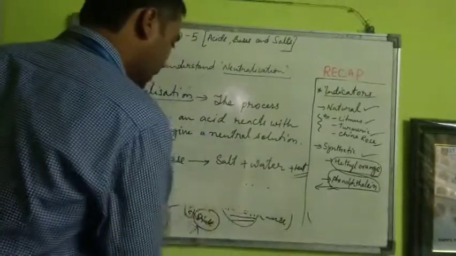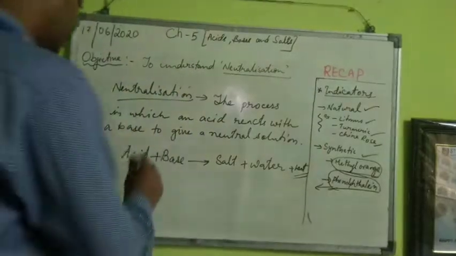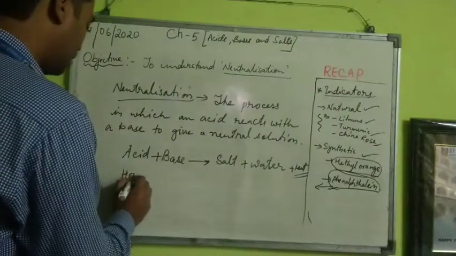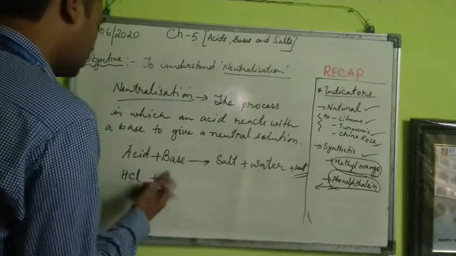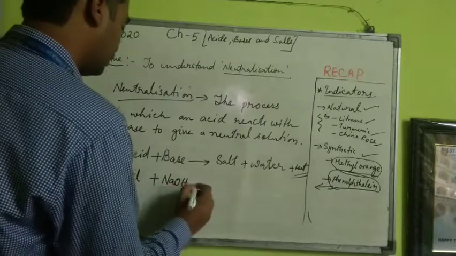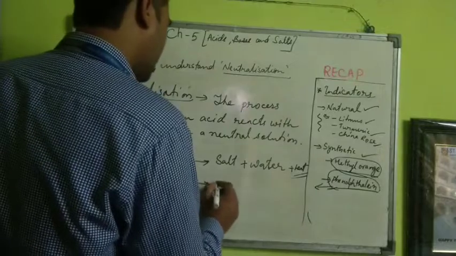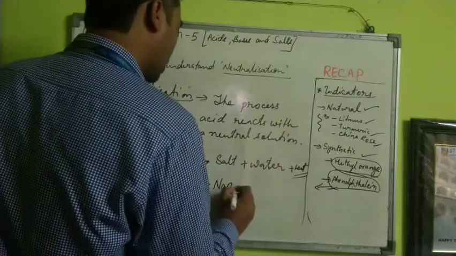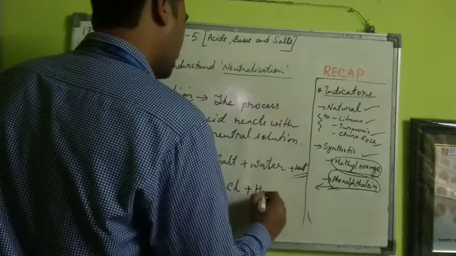So when we write this reaction in proper form, we can write acid. Which acid? Hydrochloric acid. Base, we have used what? Sodium hydroxide. It will give what? Salt, and that salt is nothing but our common salt, sodium chloride, and along with it what is formed?